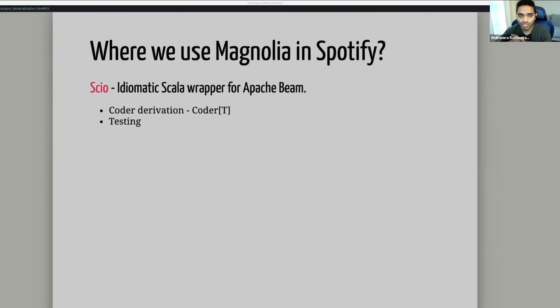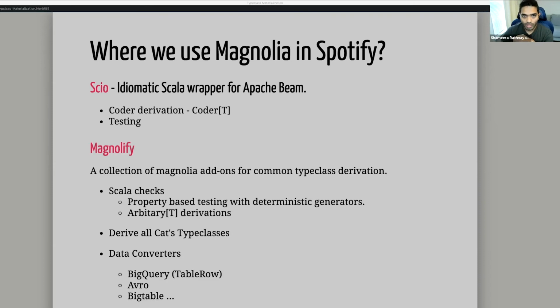And then we use it for testing, to generate and materialize some type classes. And then we have the Spotify Magnolify, which is a nice collection of add-ons to common type class derivations. If we are using ScalaCheck for testing, we have property-based testing with deterministic generators.